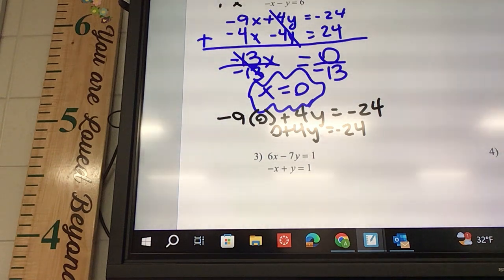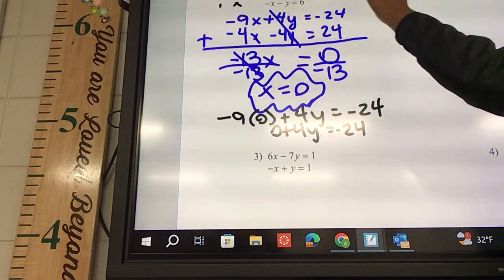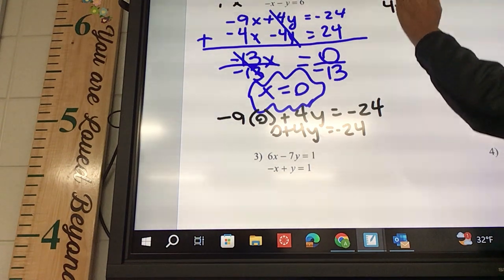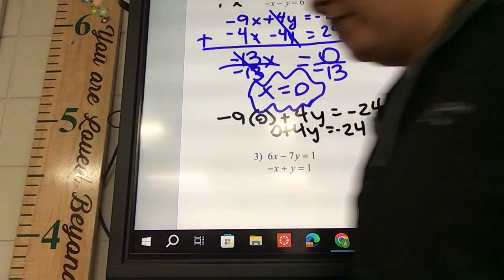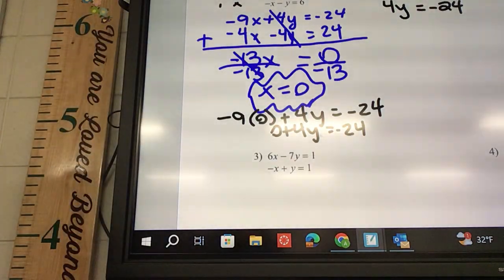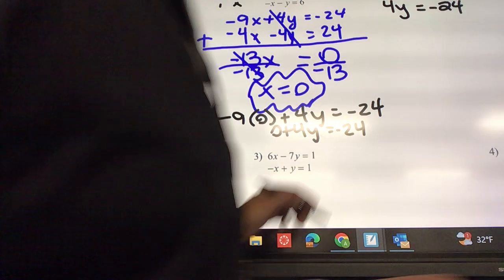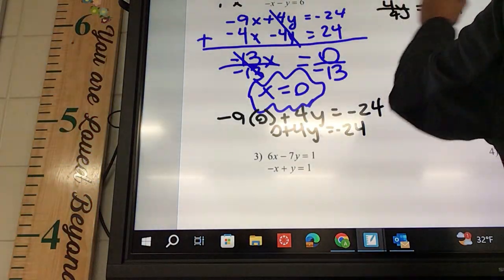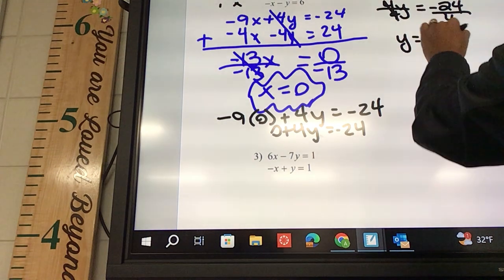The 0. So we're going to say minus 0 from both sides, so I'm going to get 4y equals negative 24. And then what? Divide by 4. And so I'm going to get y equals negative 6.